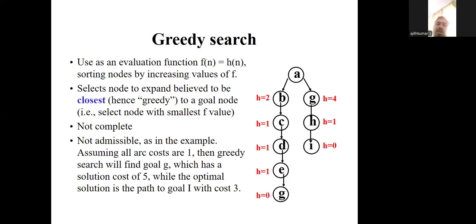Greedy search uses the evaluation function f(n) equal to h(n), sorting nodes by increasing values of f, and selects the node to expand believed to be closest to a goal node. It is not complete. As an example, assuming all arc costs are 1, greedy search will find goal G, which has a solution cost of 5, while the optimal solution path to goal I has a cost of 3.